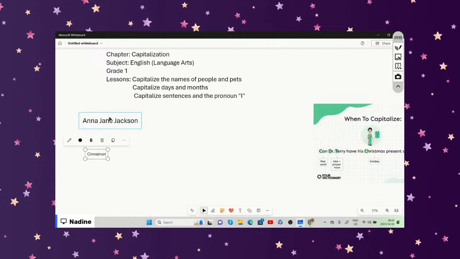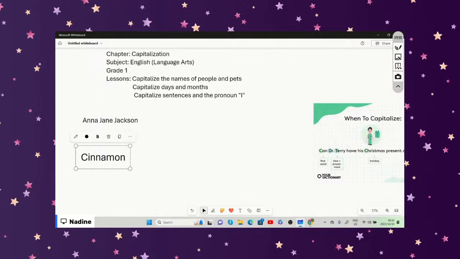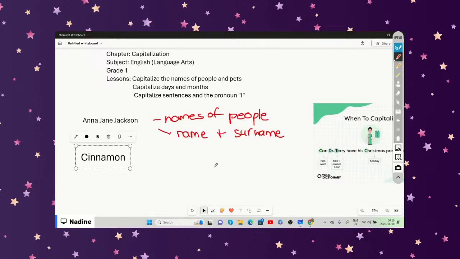So that is the name of my dog, and that needs to also be capitalized. So the name of your pet, whether it is a pet fish, pet dog, pet cat, pet something, that needs to be capitalized. So names of pets.